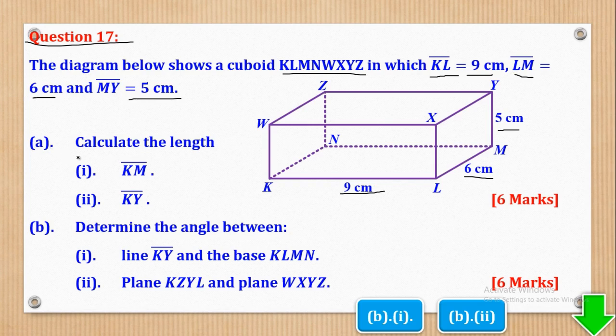Calculate part A, calculate the length of Roman 1 KM and Roman 2 KY. Then part B, determine the angle between Roman 1 line KY and the base KLMN, and Roman 2 plane KZYL and plane WXYZ.